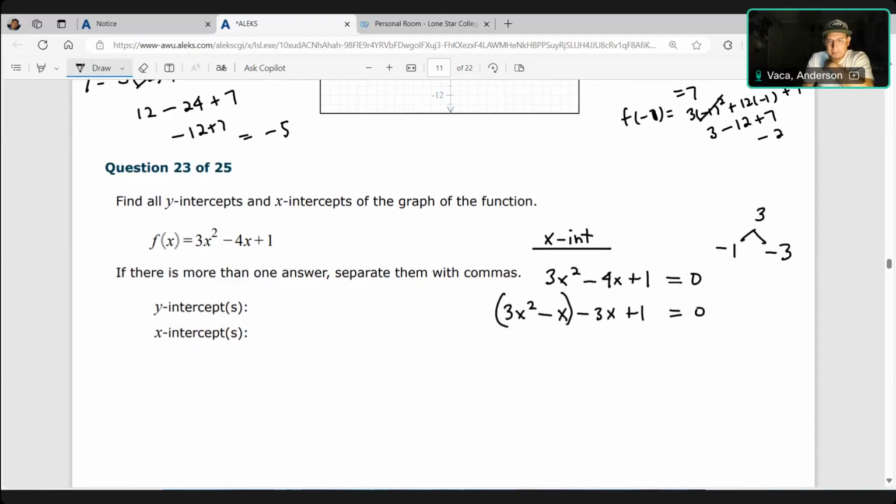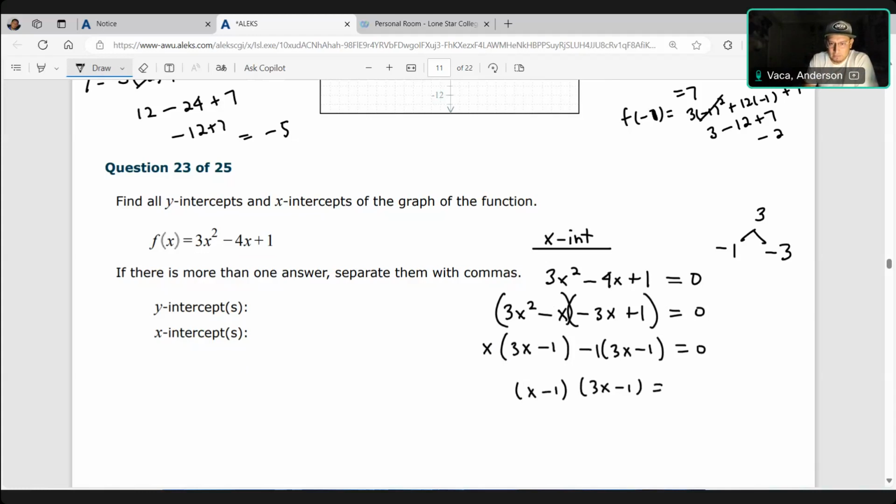I'm probably skipping a lot of conversation about how this will be factorable, and then we can split the middle term. And here we're using factoring by grouping. And so we get 3x minus 1, with a negative 1 in front of it, and we get x minus 1.